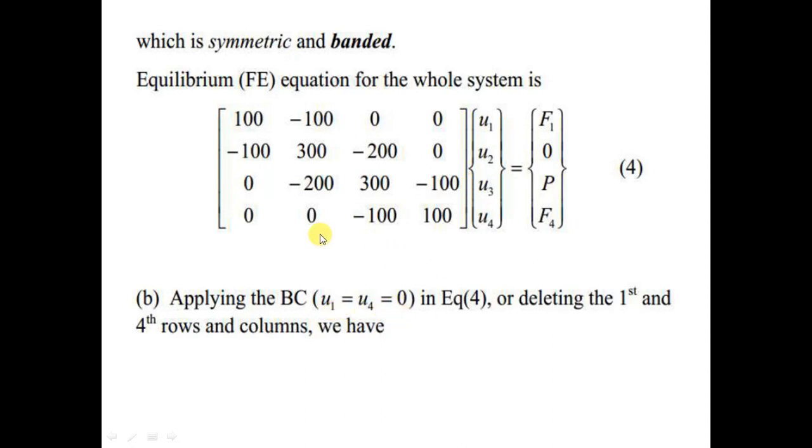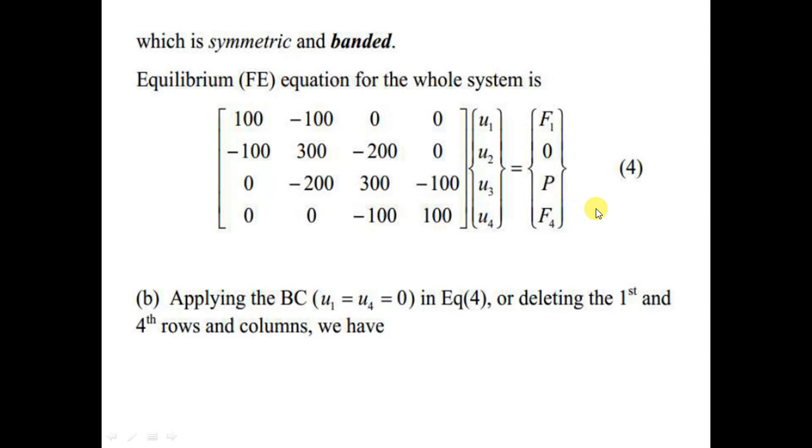To apply that boundary condition, since U1 is 0, we delete row 1 and column 1. Also U4 is 0, so we delete column 4 and row 4.